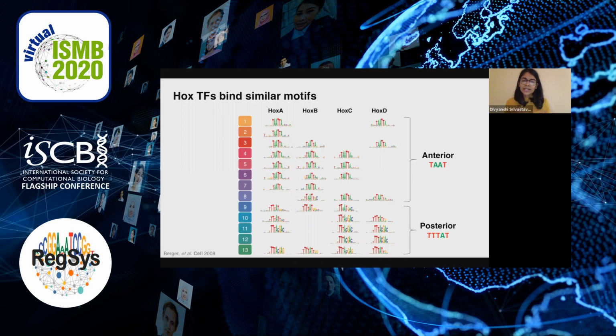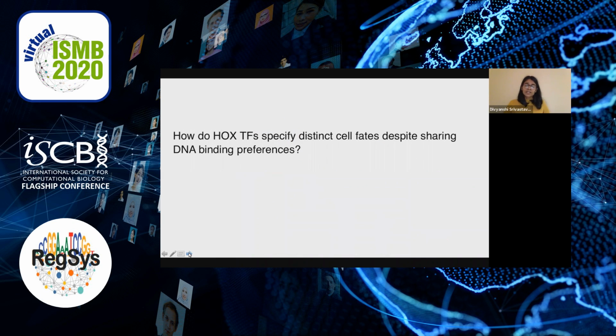And therefore, given this similarity in DNA binding preferences, it is not clear how the Hox transcription factors can specify distinct cellular fates and distinct positional identities. So this will be the question that we'll be trying to answer through our work.